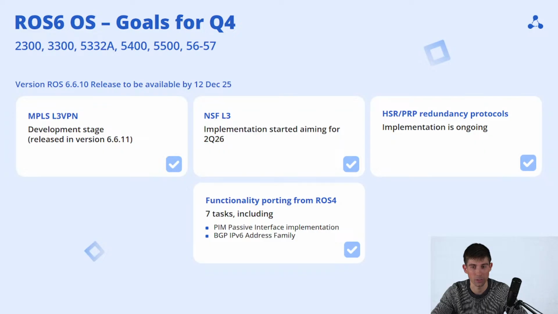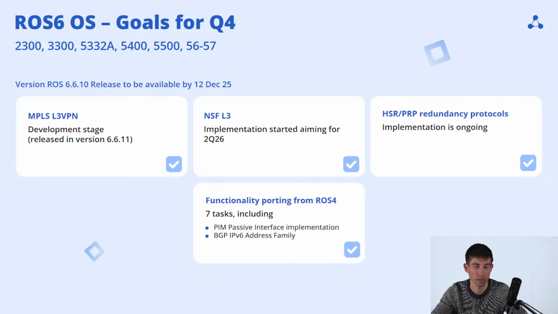You may know that this functionality is a service provider grade feature, more for data center, and you'll be able to set up data transmission via MPLS tunnels. So it's a level 3 VPN implementation of that.